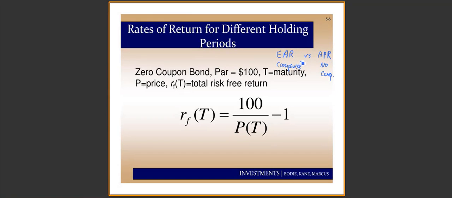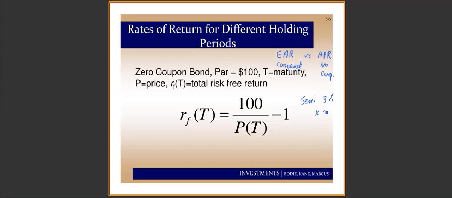Some of you may remember from a previous course, maybe the finance principles course, where perhaps you saw bonds and bond values and yield to maturity. You may remember that if you had a semi-annual bond, and let's say the semi-annual yield to maturity was 3%, how do you annualize it?